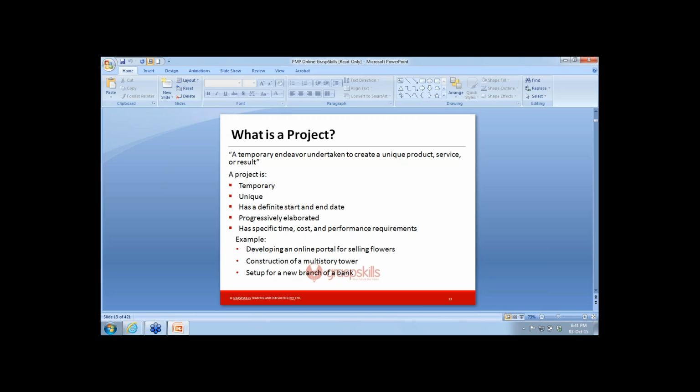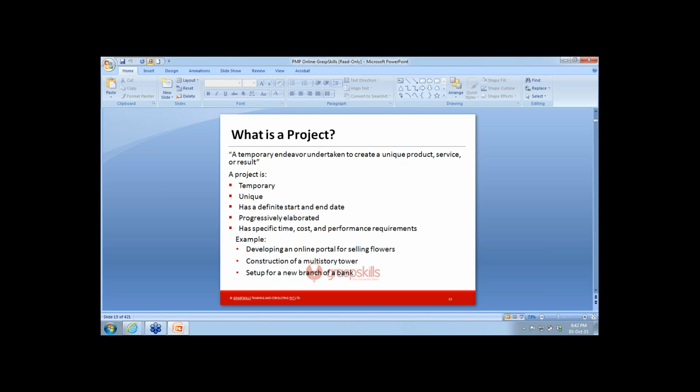During the course of a project, it progressively elaborates, which means on a milestone basis, a project goes through different phases in its life cycle. You plan, you think, you devise, you discuss with your team and your stakeholders, and as you achieve the planned milestones, you progressively go ahead with the project towards its end state.